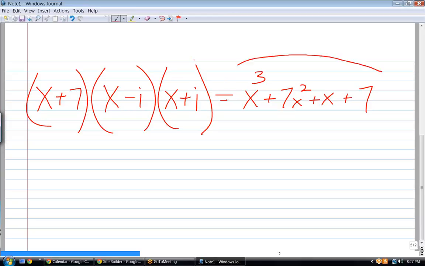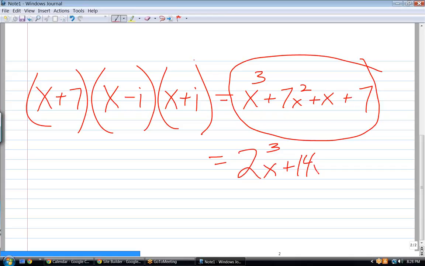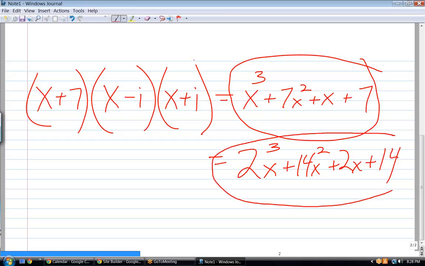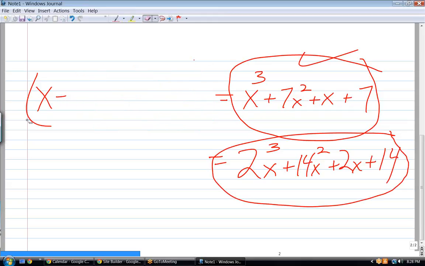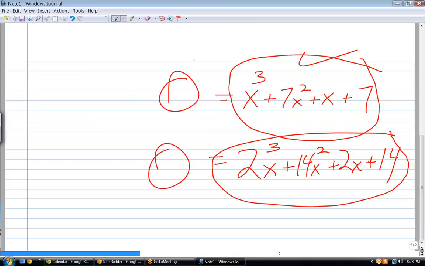Okay, so this is a polynomial that fits those solutions, right? Mm-hmm. Well, guess what? So is this. In other words, this has exactly the same zeros as this one does. If I set both of these equal to 0 to solve for the zeros, notice that the very first thing I'm going to do is divide everything by 2 and then solve it.